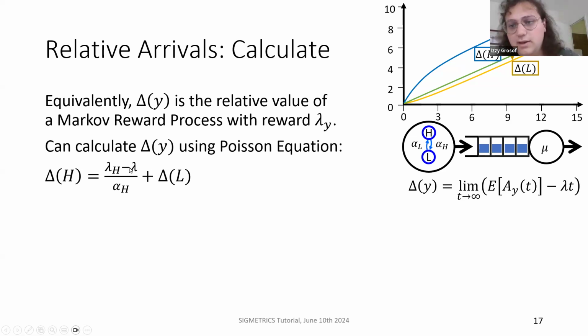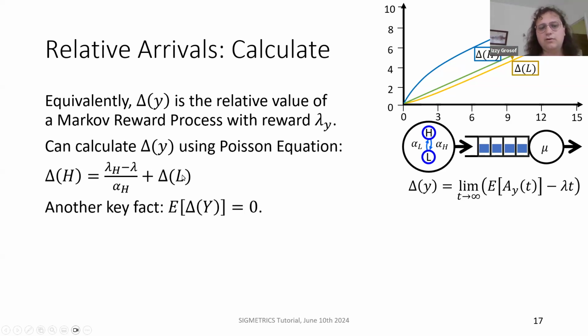And how long is it until we switch? It is 1 over alpha H time until we transition to state L. So we've got this much accruing until we switch to state L, and then just delta L from that point onward. Another useful fact is that the mean relative arrivals in stationarity is just 0.